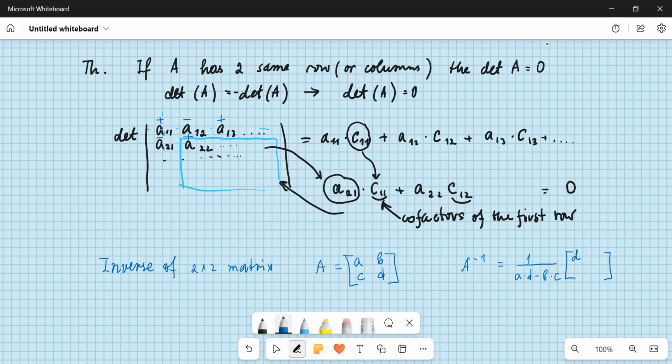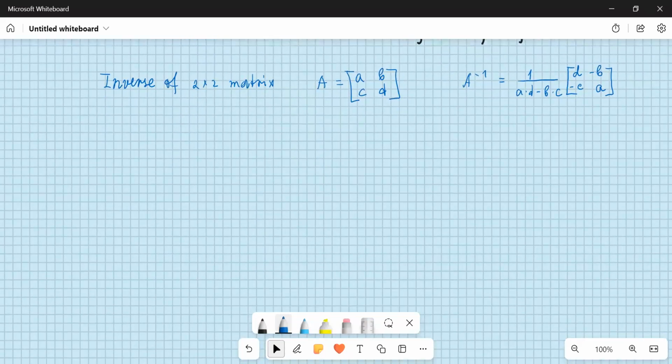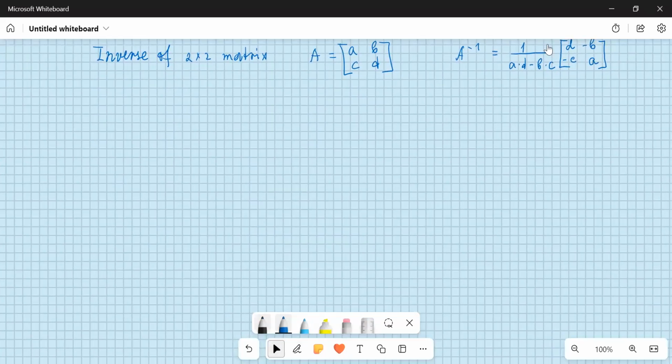You put element D over here and element A over here, and put minus in front of the non-diagonal elements. That's how we build the inverse matrix of 2 by 2. Now we are going to prove the theorem about how to find the inverse by a formula for any matrix. After this little review, we scroll it up. I'm going to bring it back later.